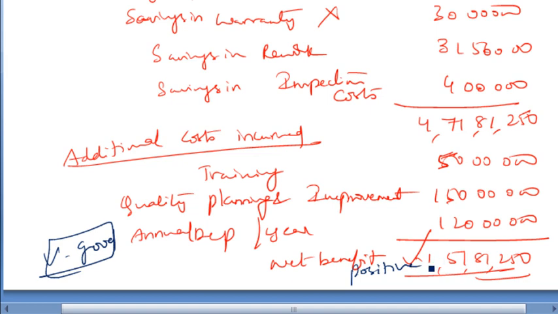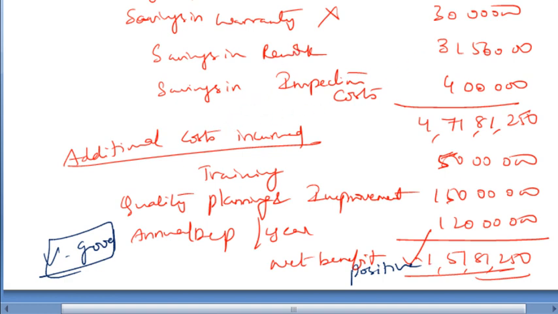So the conclusion is Six Sigma team's proposals are focused on preventing the error from happening, and consequently quality is getting improved, sales is getting improved, and which is yielding a positive net benefit of 1 crore 51 lakh 81,250 per year to the company. Are you able to get me? So which means obviously you should go ahead with this proposal, right?